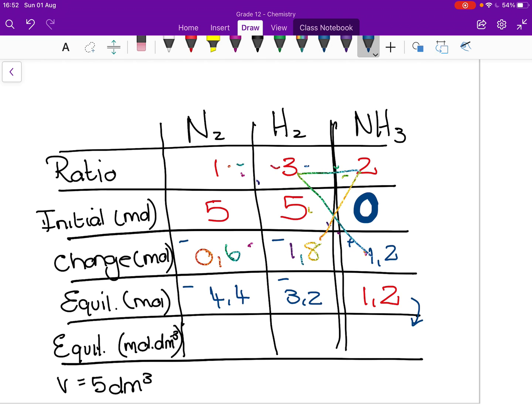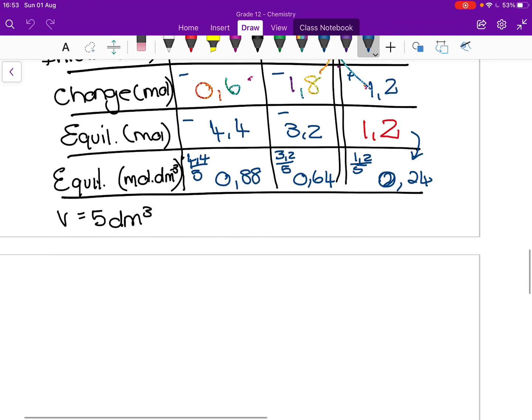So I'm going to go 4.4 divided by 5, and this gives me 0.88. 3.2 divided by 5 gives me 0.64. 1.2 divided by 5 gives me 0.24. Please don't forget to divide by the volume, otherwise it's not going to work.